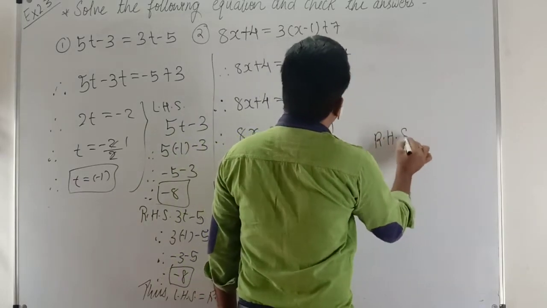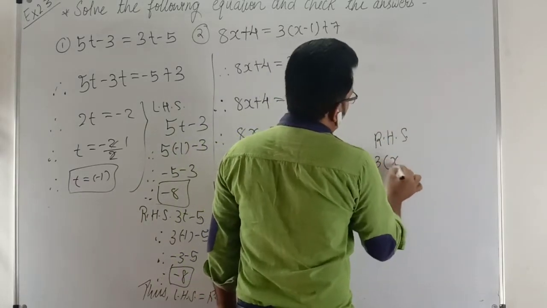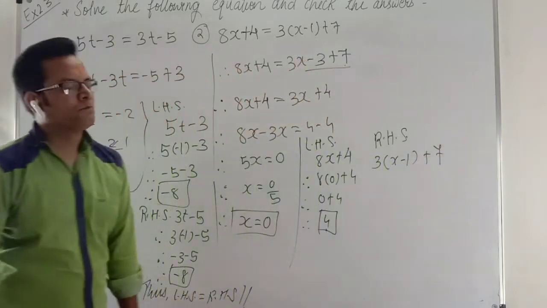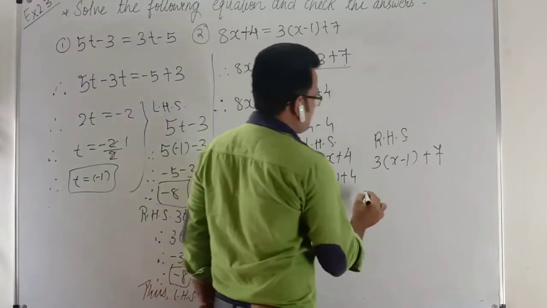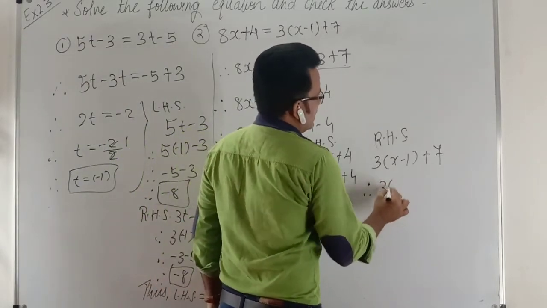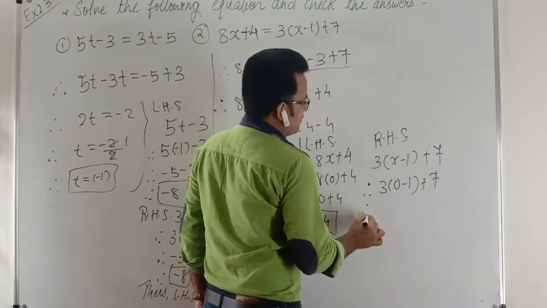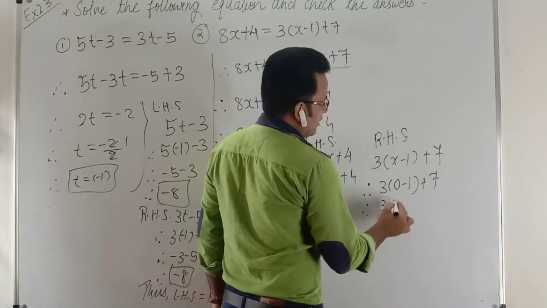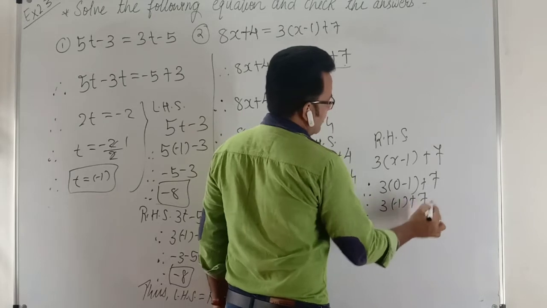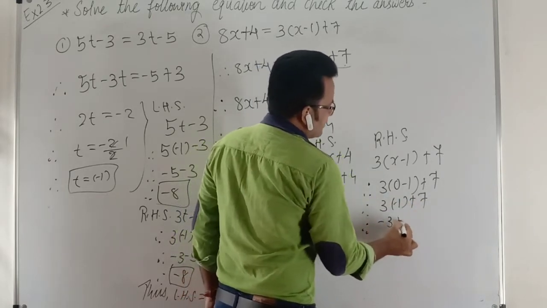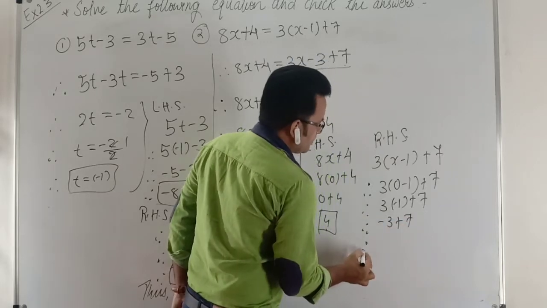Now RHS, that is 3x minus 1 plus 7. Now look at here. Therefore 3, 0 minus 1 plus 7. Therefore 3, 0 minus 1 means minus 1 only, plus 7. 3 ones are 3, so minus 3 plus 7.